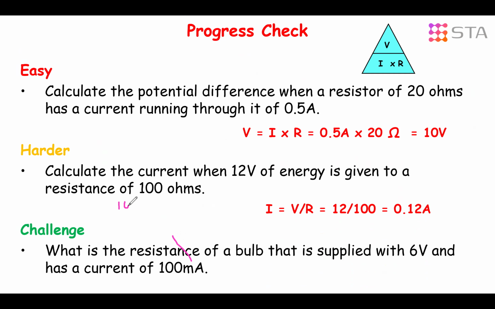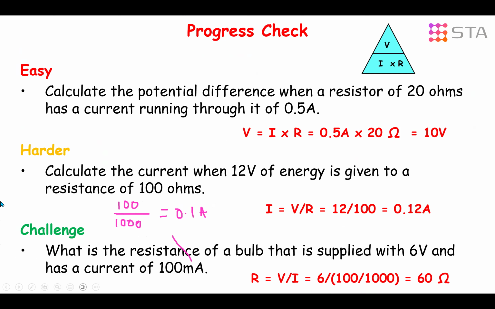So 100 milliamps is 100 divided by 1000, which of course gives you 0.1 amp. So when you actually work it out, you can either do 100 divided by 1000 in brackets, or you can do 0.1 amps. And so resistance is V, which is 6 volts, divided by 0.1 gives you 60 ohms.